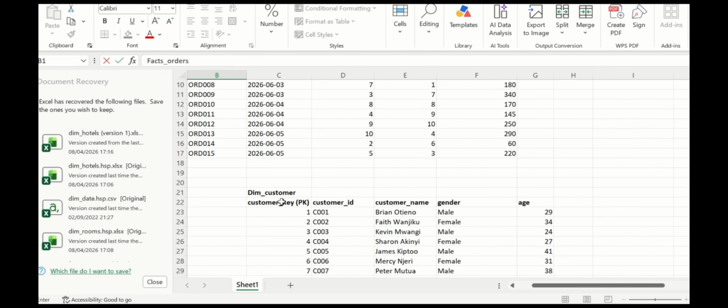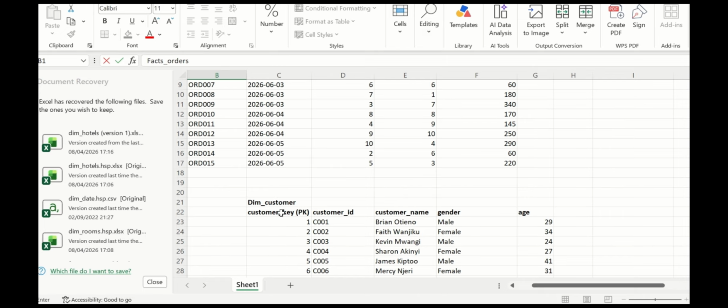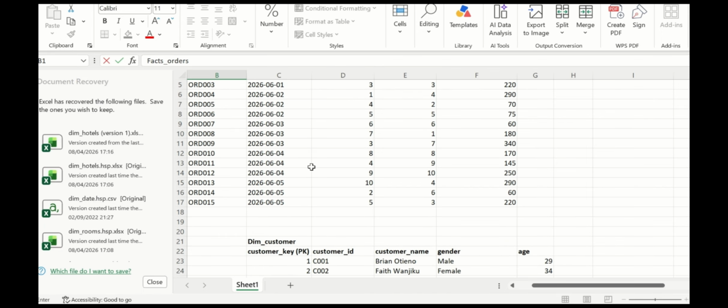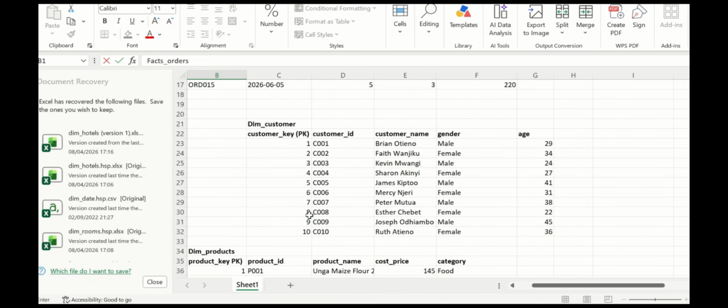For example, we can connect this facts table with the customer table using customer key, because it has customer key as the foreign key, while this dim customer table has customer key as the primary key.